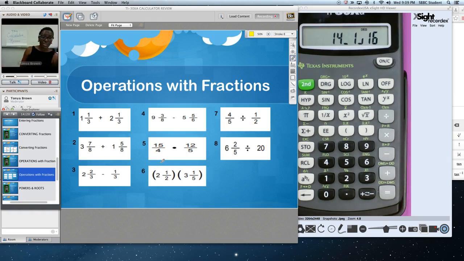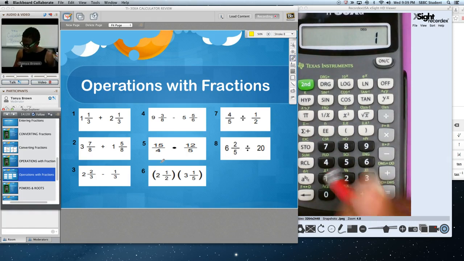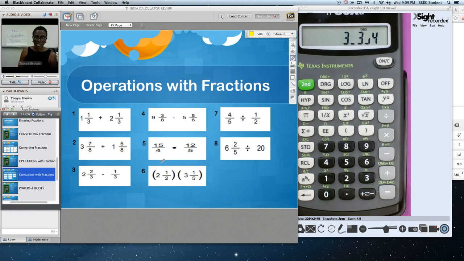Let's go ahead and enter what we got. So 15, fraction 4, times 12, fraction 5, equals. What is our result? Why is it giving us 9? 15 times 10 is 150. 15 times 2 is 30.